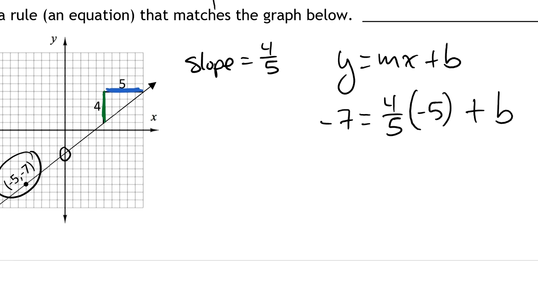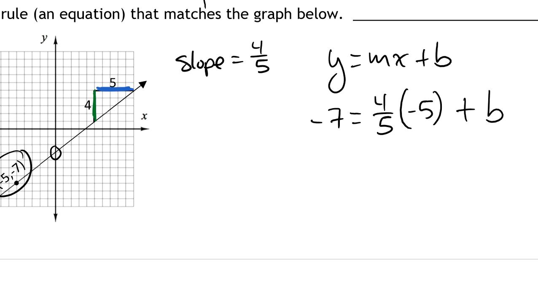So the beauty of this, right, starting with a line, and plugging in a particular point and the slope that we know, we can calculate the y-intercept and then we can write the equation of this particular line. If I clean up the right-hand side, the left-hand side is -7, but over on the other side I've got a 4 times a -5 and then divided by 5.